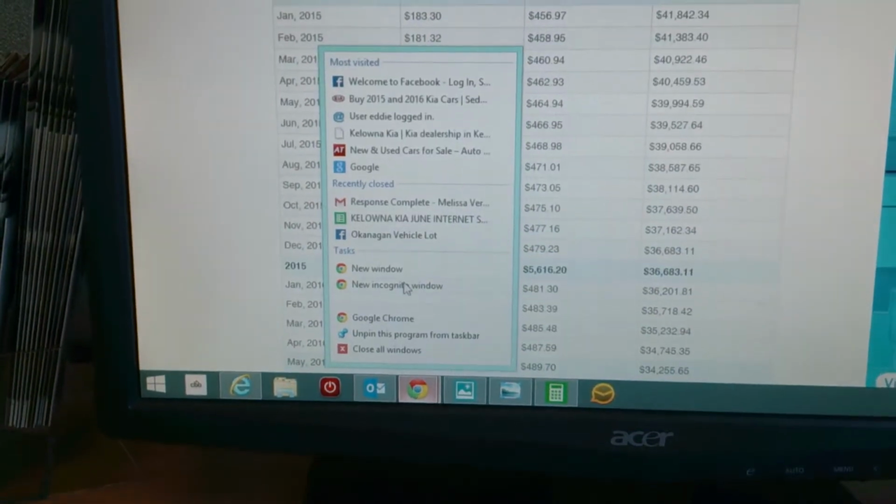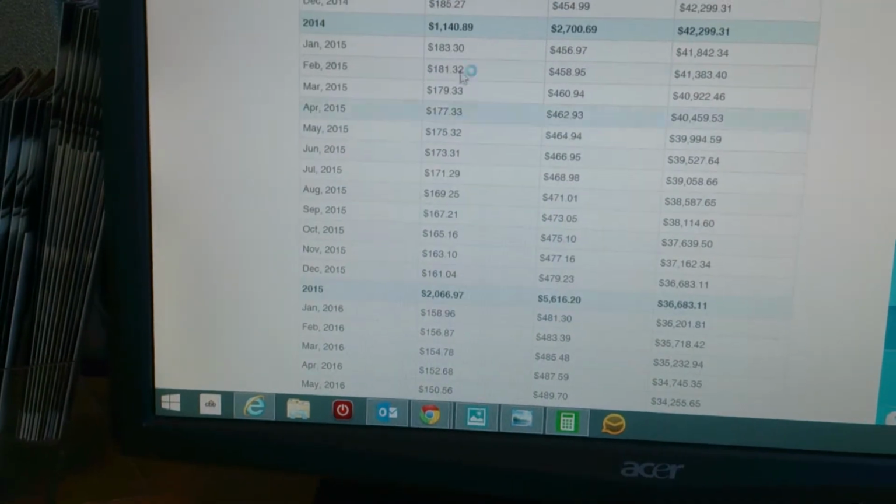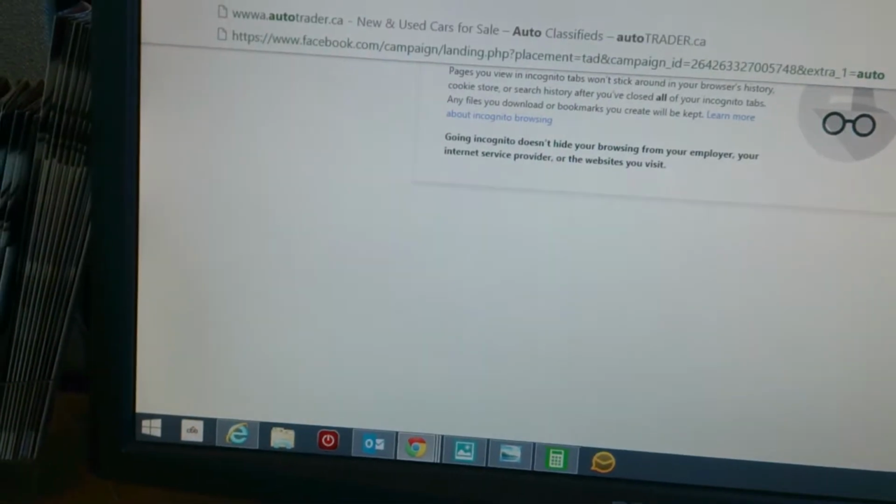So I'm going to open up a new window here, and we're going to go to Auto Trader.